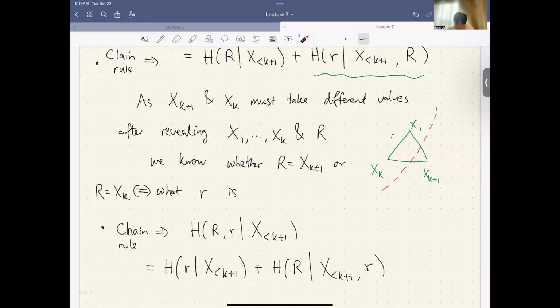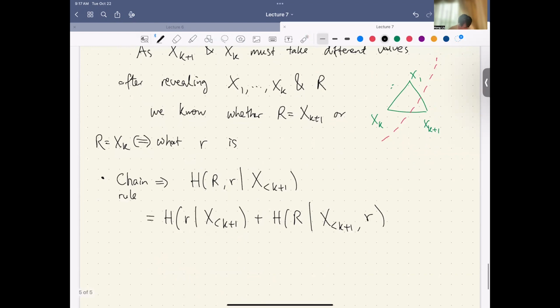Remember, this little r is a Bernoulli random variable independent of all these xi's. It just takes value 1 with probability p, and takes value 0 with probability 1 minus p. It's only correlated with capital R. It has nothing to do with xi's. So this entropy is just the binary entropy, h of p. Recall that this is the function that we defined to be the entropy of a Bernoulli random variable with parameter p.